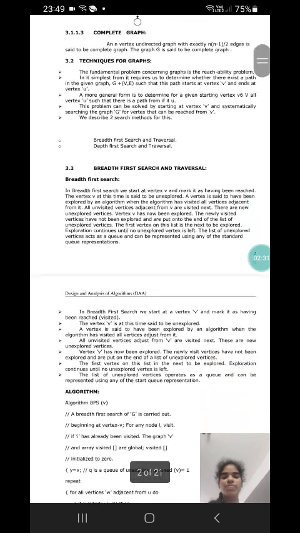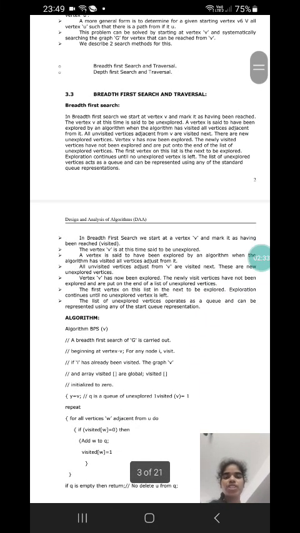Breadth first search. In breadth first search, we start at vertex V and mark it as having been reached. The vertex V at this time is said to be unexplored. A vertex is said to have been explored by an algorithm when the algorithm has visited all vertices adjacent from it. All unvisited vertices adjacent from V are visited next. These are new unexplored vertices.